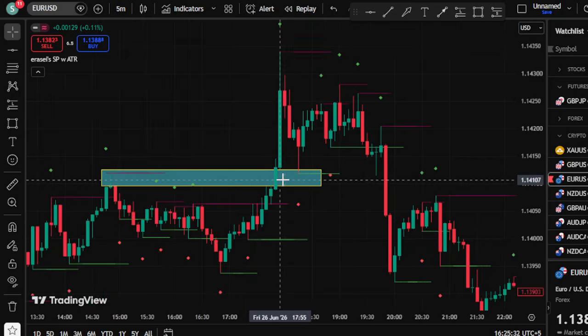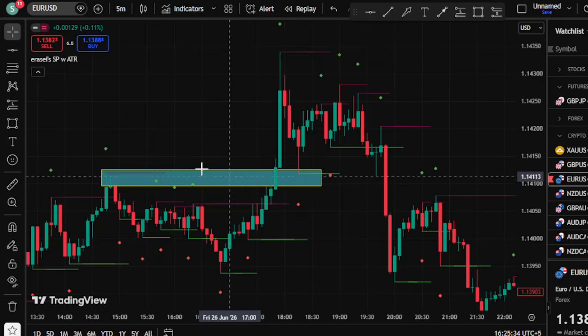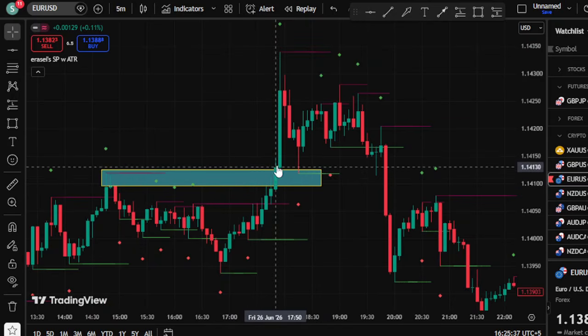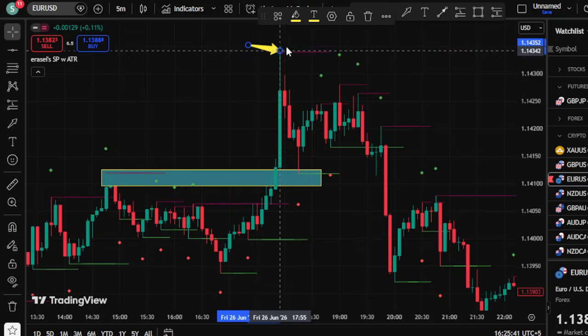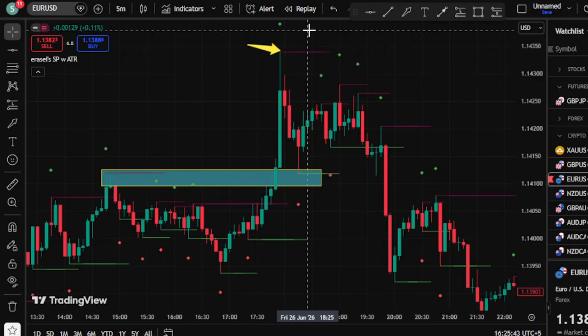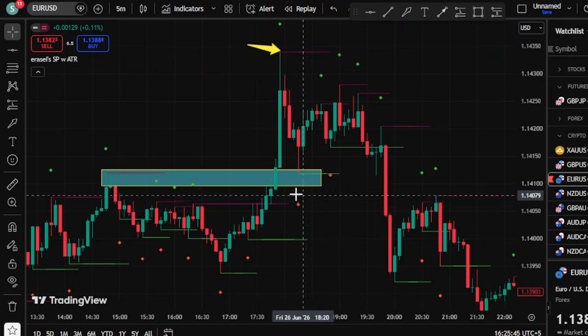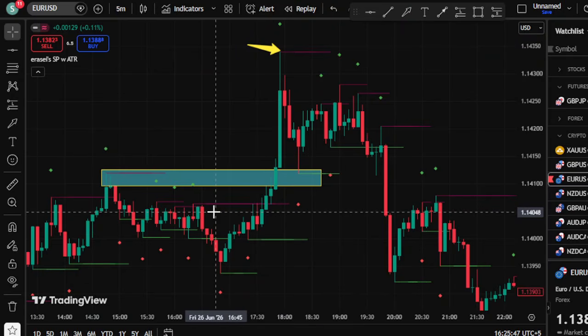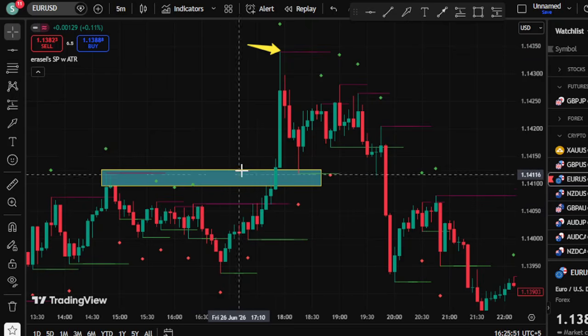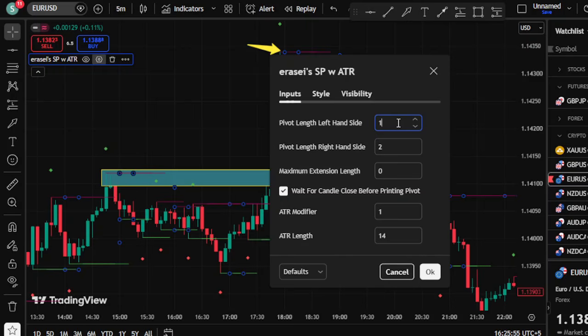Now how will you take your entry? It's very simple. Always wait for the break of the resistance, and once on the first candle, if in the settings you have set it to 1, because we don't want to trade all these lines, we want to trade the specific lines as per our choice. Let's say the pivot length, left hand side and right hand side, are both set to 1.